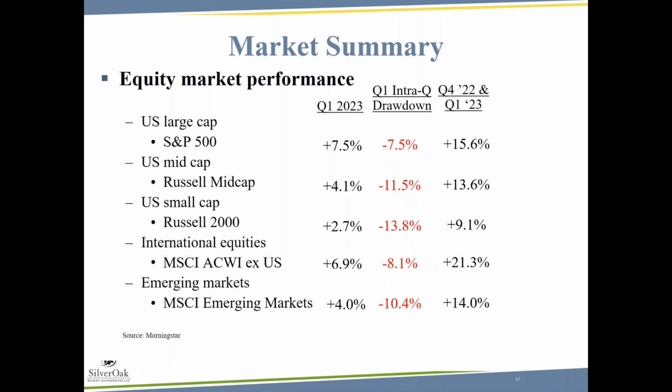Here's where I was getting to on Q4 of 2022, and then adding in the first quarter of 23. You can see very strong performance. And then this is looking back from 2019 through 2022.